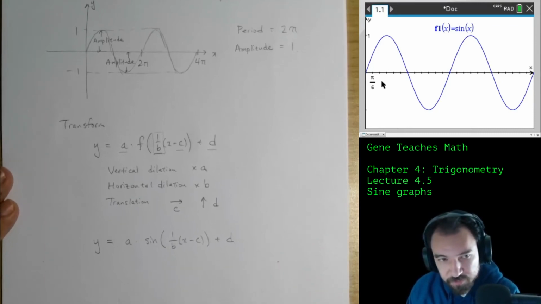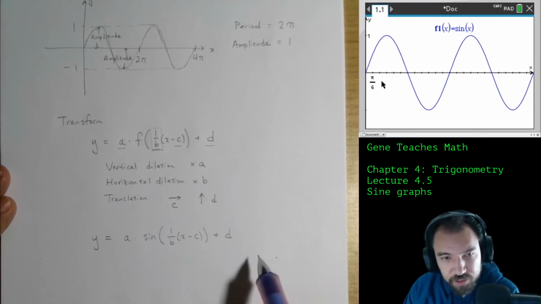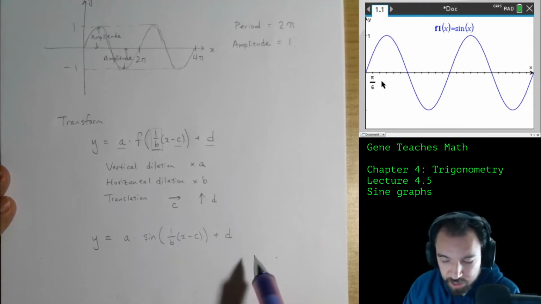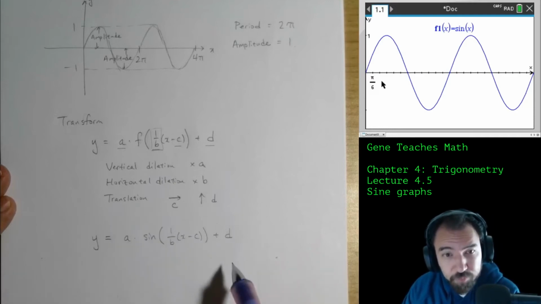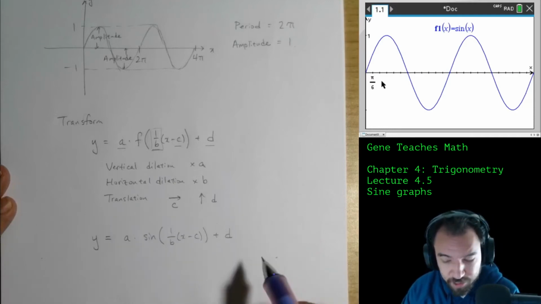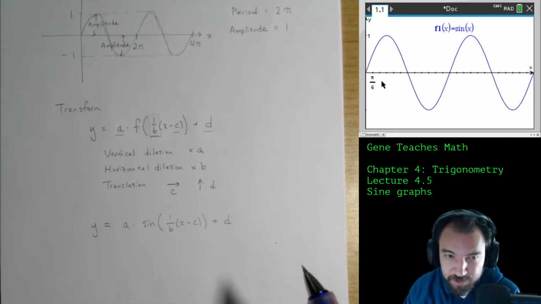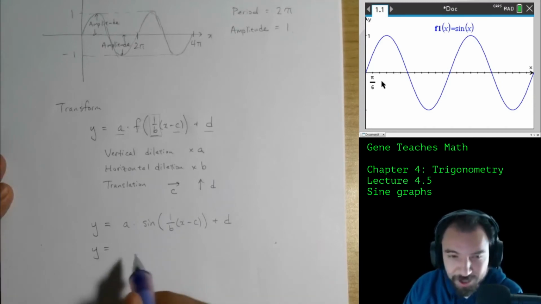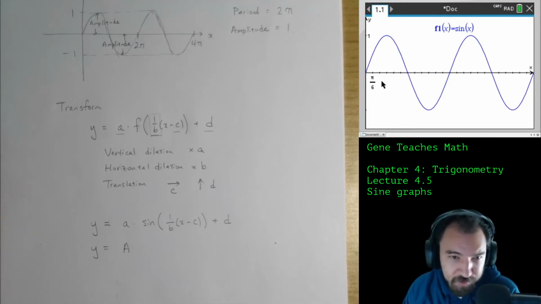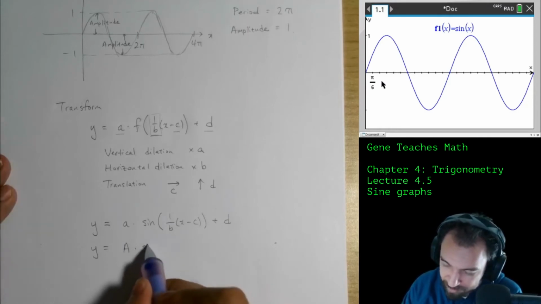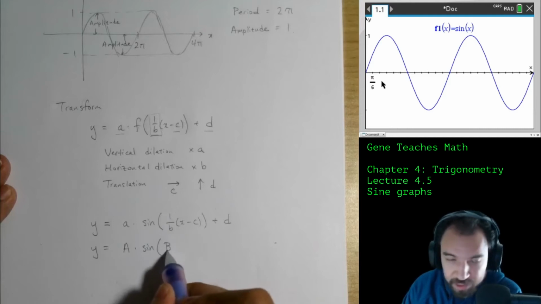Now, different textbooks and different people like to use different letters for these. This is my personal favorite to start with, but I don't actually write this all the time. What ends up happening, and I'm sorry if this is frustrating to you, but this is what we do: we turn this into a capital A, just because A for amplitude, and then sine, and then we put a B in here.